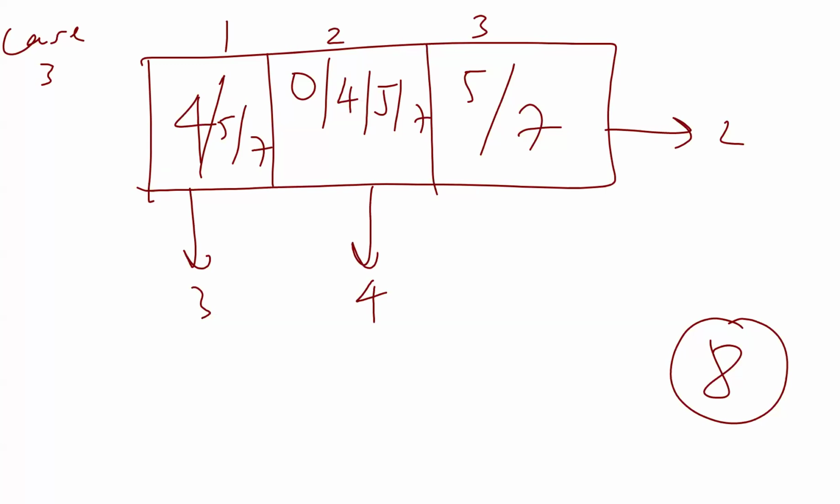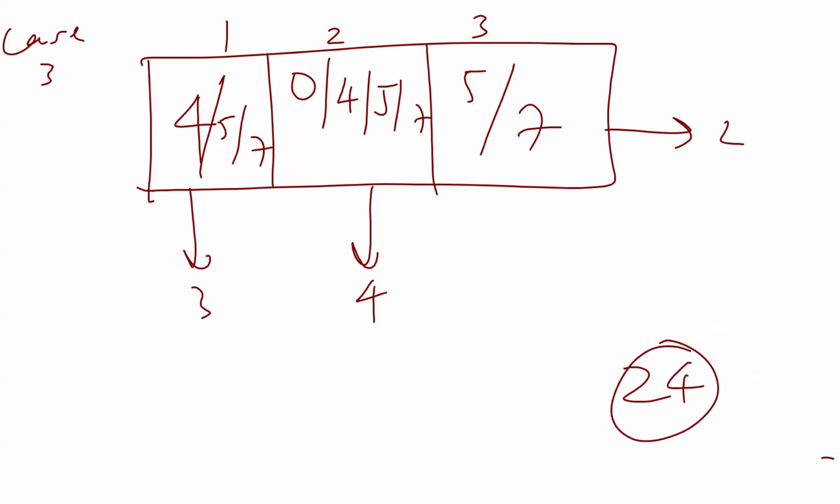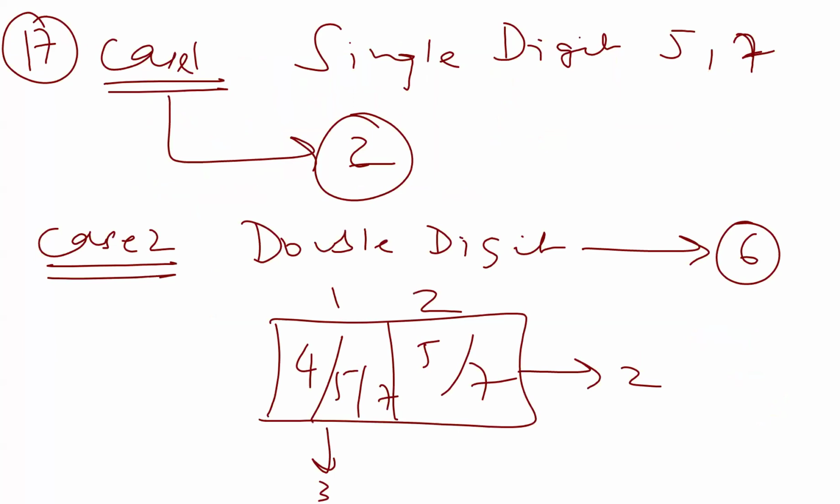So the total over here will be 3 into 4 into 2, 24 ways. So 24 plus 6, 30, and 2, 32. So when the repetition is allowed, the answer is 32 over here.